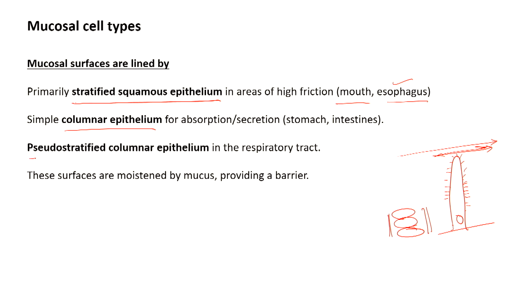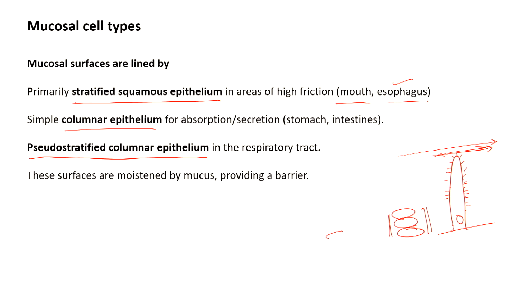Then we have something called pseudo-stratified columnar epithelium. We'll see in a while. This type of epithelium you generally find in the respiratory tract, because it gives a feeling of being stratified, but it is not stratified.